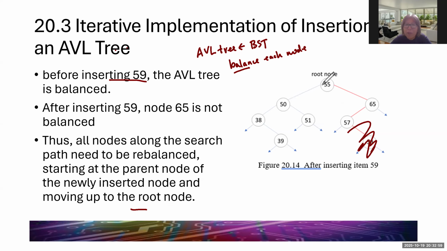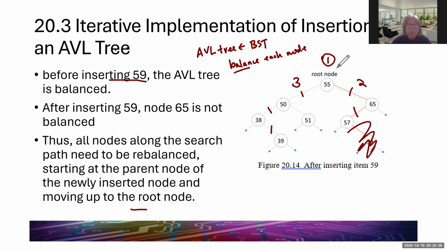We can see for node 55, its longest branch is 3, and its right is 2. So the balance factor is 1. So it's balanced.